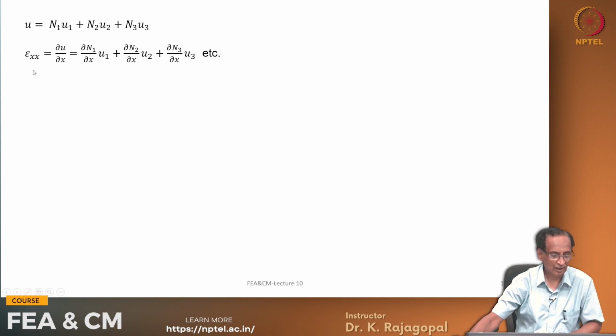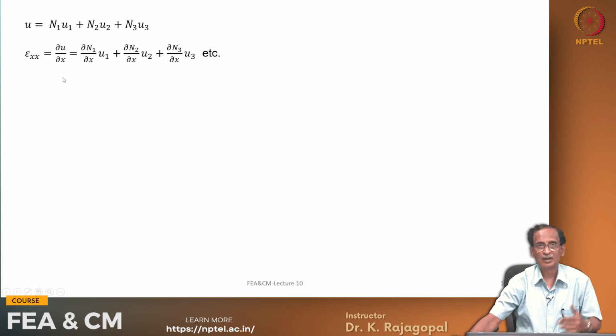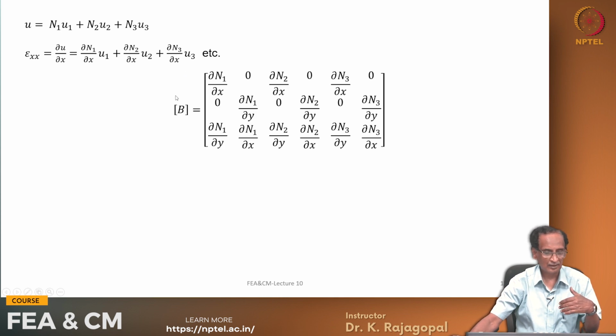And similarly, epsilon yy we can write as dou v by dou y, that is dou N1 by dou y v1 plus dou N2 by dou y v2 plus dou N3 by dou y v3. Okay. So, this B matrix, that is the matrix of the shape function derivatives, we can write like this.